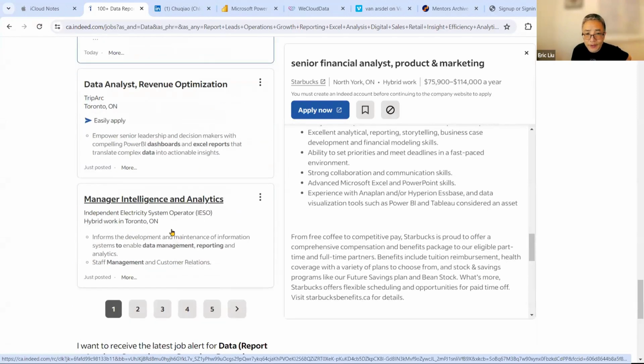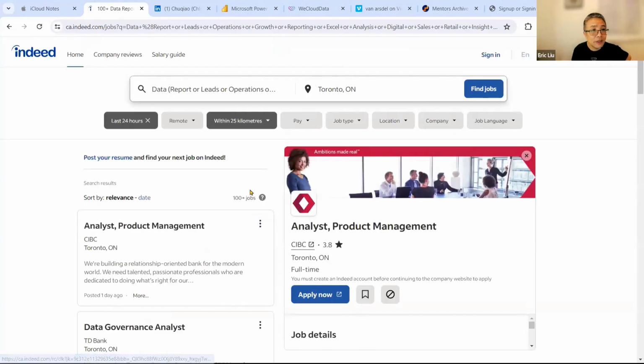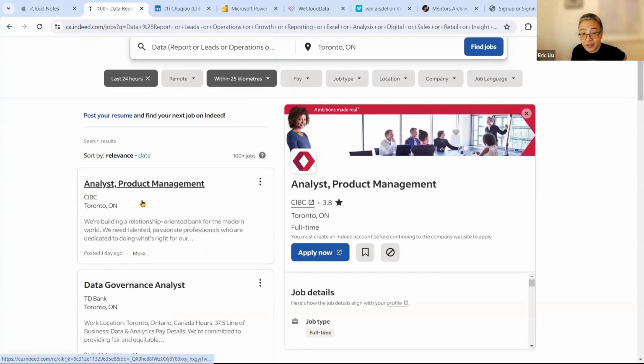And let's just take a look at one more page, just to get you an idea. CIBC, so bank, product management again. If you work in the product group, probably I think you will look at pricing, and you will also look at customer segmentation.